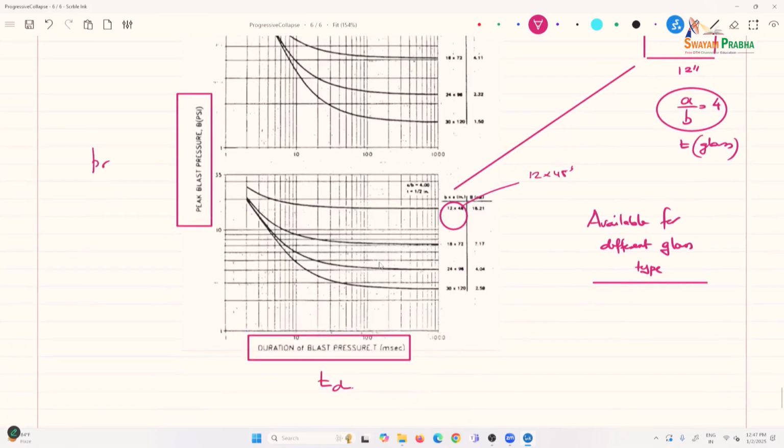So let's say given PR equal to 10 PSI and TD is 20 milliseconds.